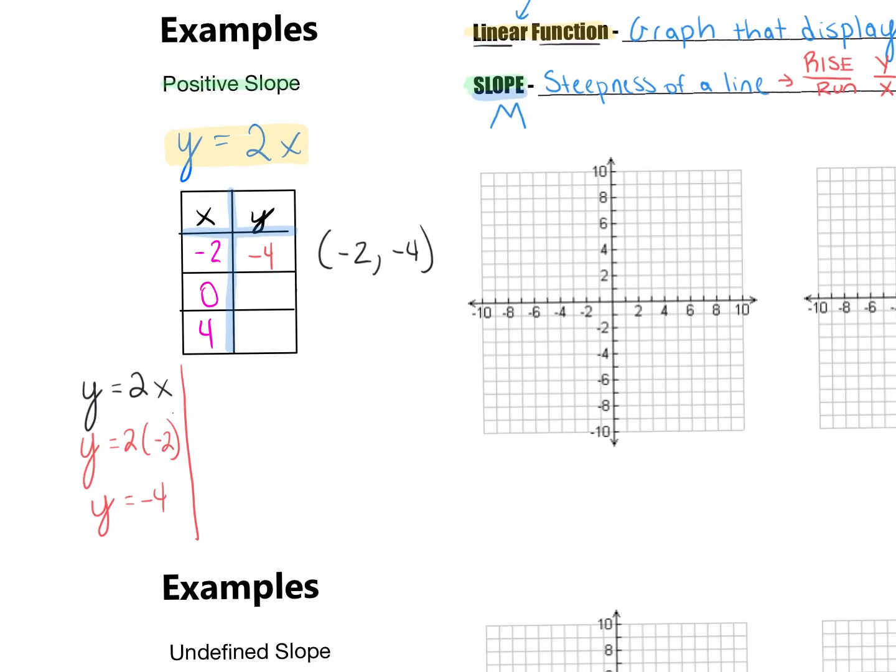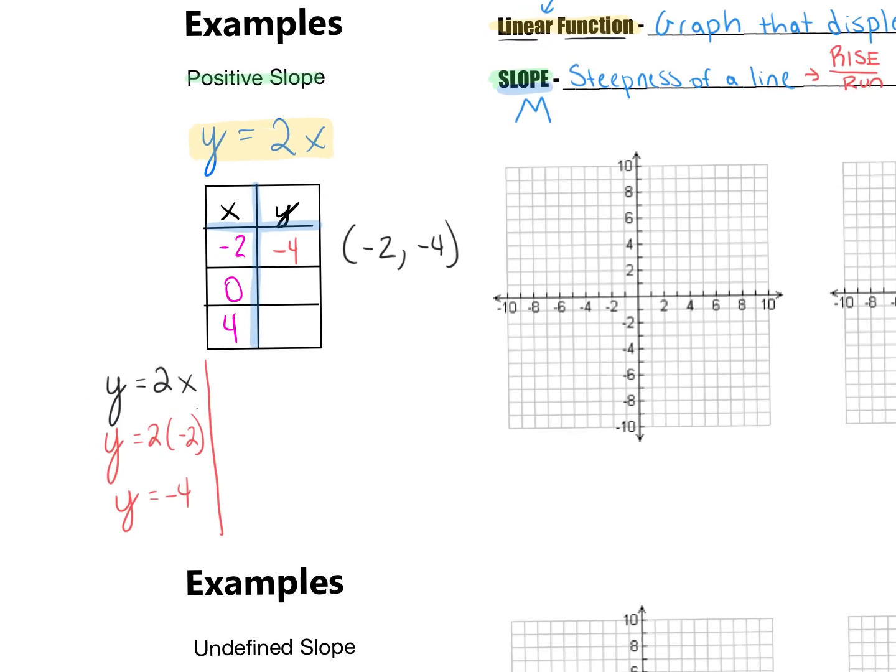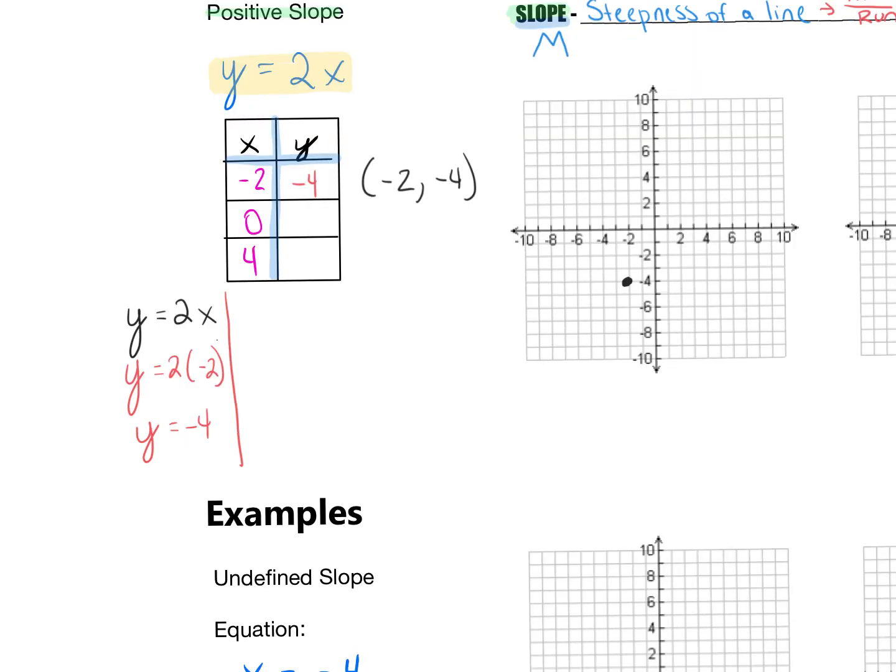So I'm going to come over to my graph and I'm going to start at my origin. I'm going to go over to -2, and then I'm going to go down to -4, and I'm going to plot that point. Now I'm going to write my equation again.